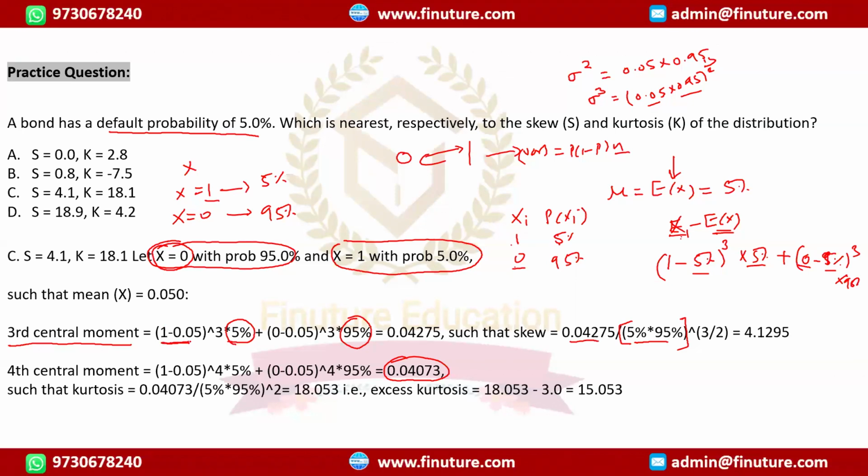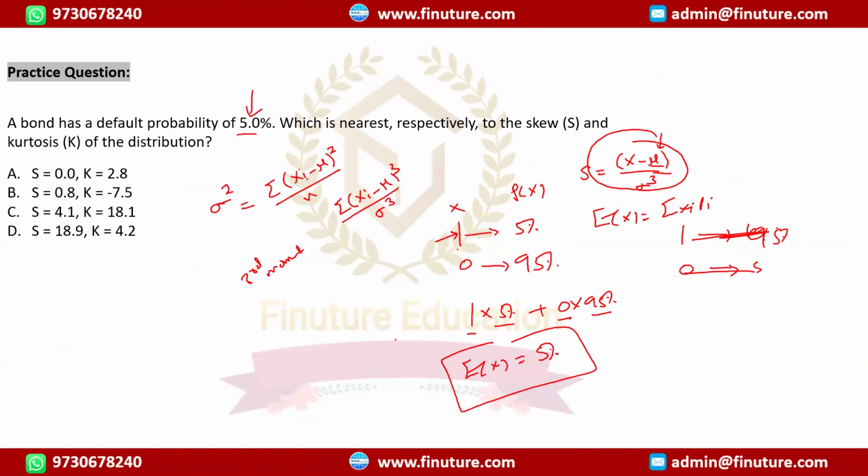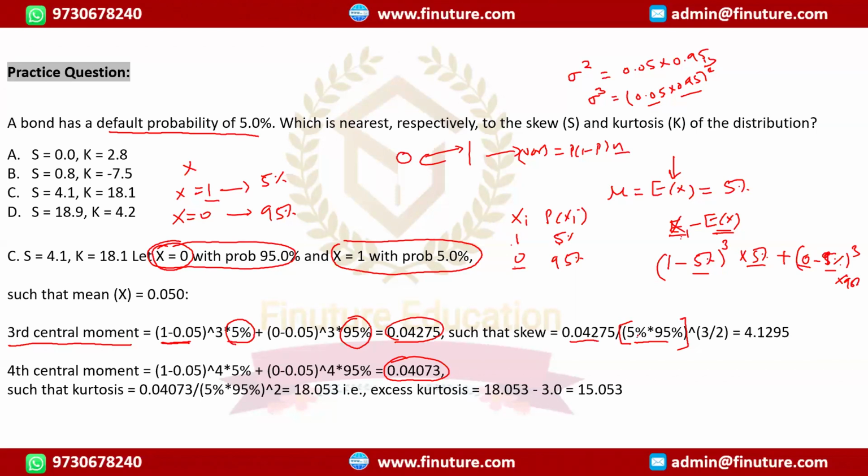These are the deviations, 1 minus 0, which we cubed, and because you don't have a mu here, you have to multiply it with the probability. Once you have this numerator from your third moment part, you divide it by sigma cubed.